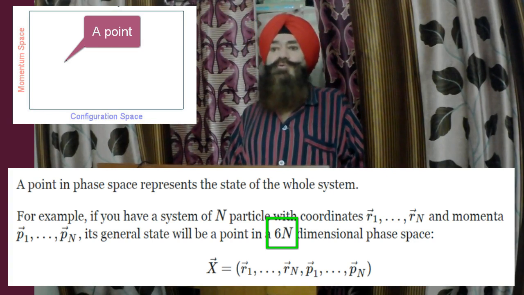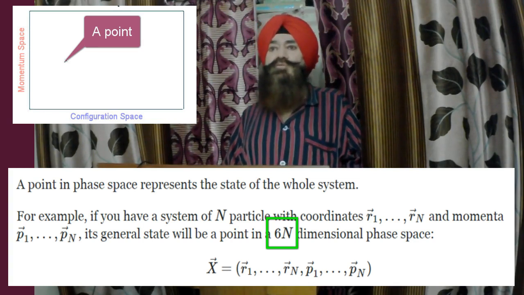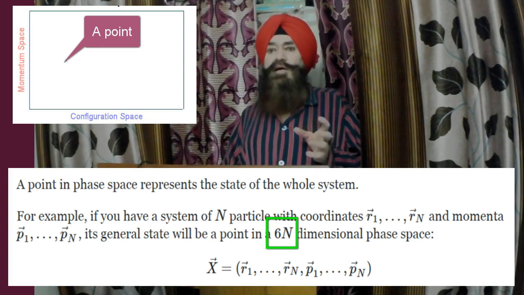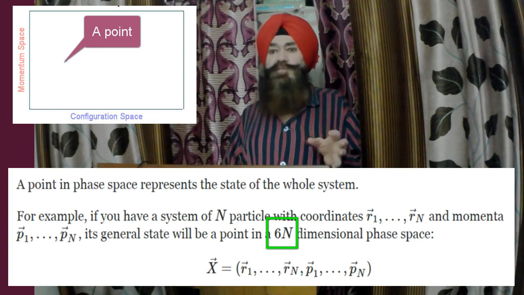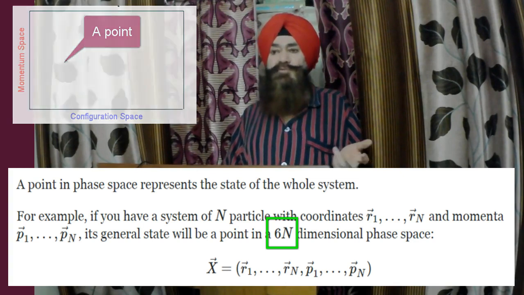So to represent the state of the whole system, we have a point in the 6n-dimensional phase space. It is very difficult to imagine such a phase space, and we cannot draw it on paper because paper is two-dimensional.